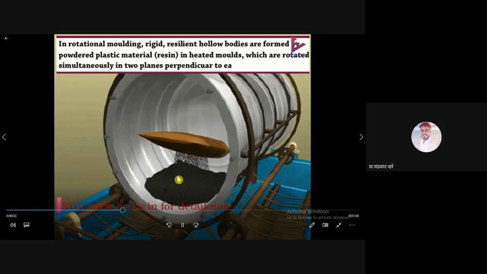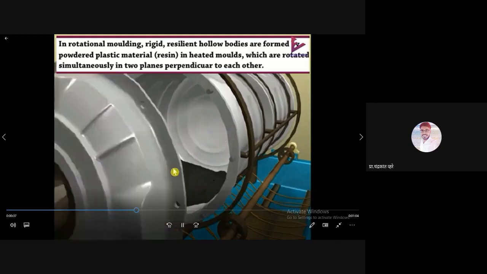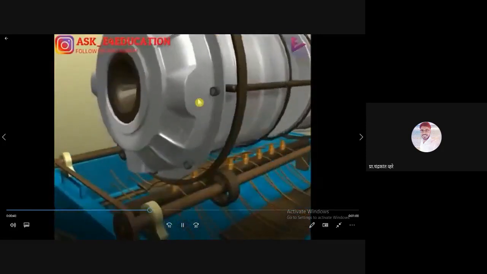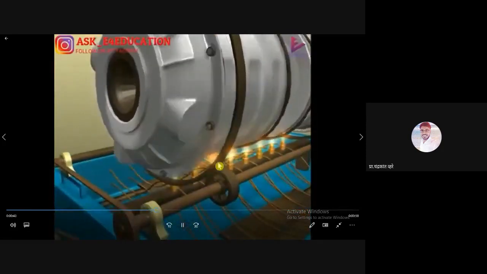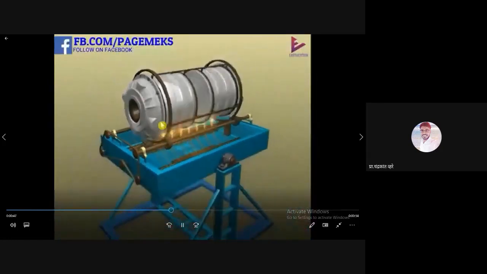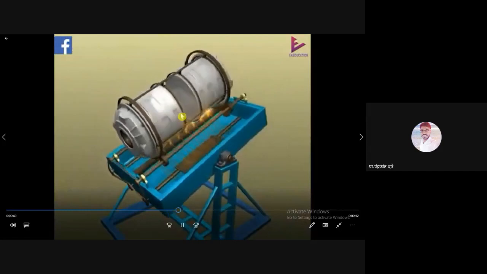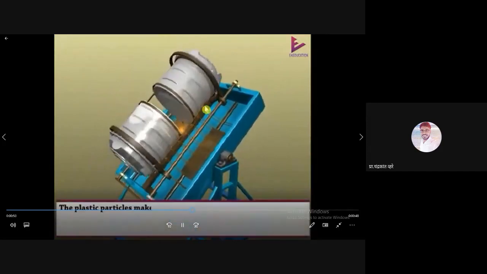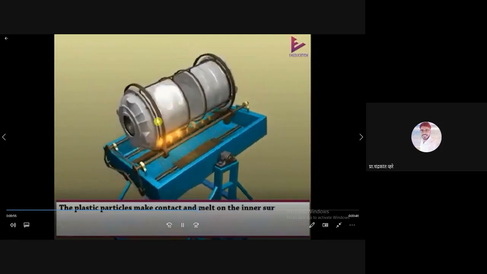This is the material, solid material, or we can say powder. Now it is closed and we have filled the powder, and now we are giving heat, and due to this heating process, the powder material inside gets converted into liquid.